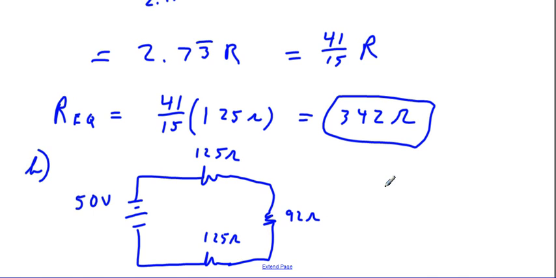Anyway, my total current is going to be that 50 volts divided by 342 ohms. So 50 divided by 342 is going to be 146 milliamps.